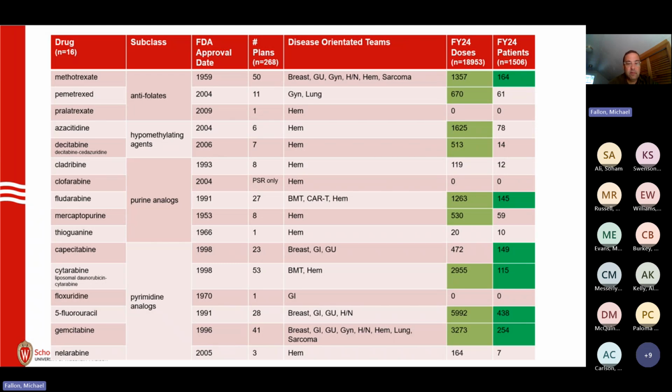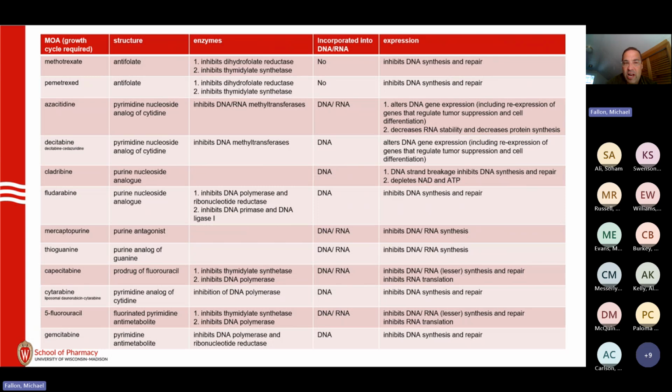You'll see that 5-FU is the most commonly given of these agents, so almost 6,000 doses a year. Again, that's largely going to be in the GU setting, but also head and neck, breast, and GU. In general, these drugs work by either affecting an enzyme related with DNA, RNA metabolism, or affecting a building block of the DNA and RNA.